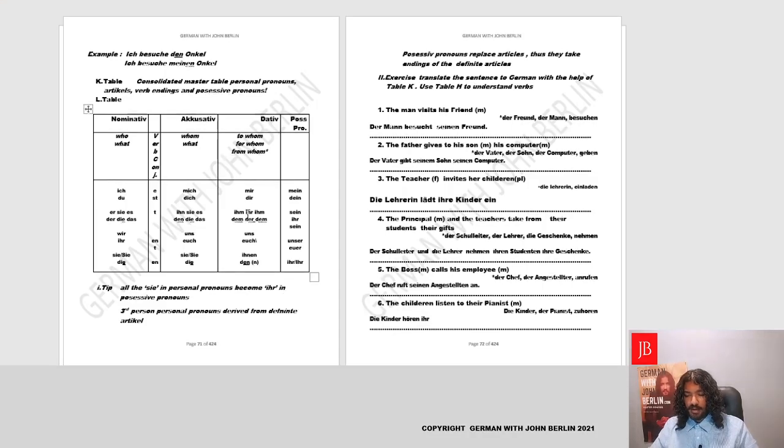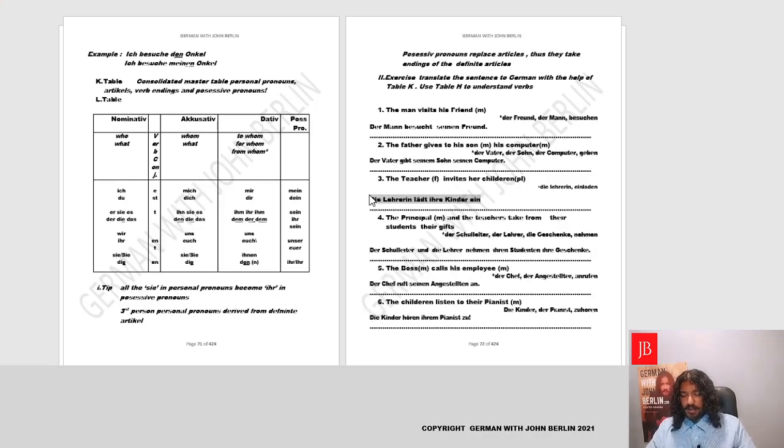And then I'll borrow the ending of the definite article here, em, ihrem Pianist. And I'll end the sentence with the prefix zu coming in the end, zu. Perfect.